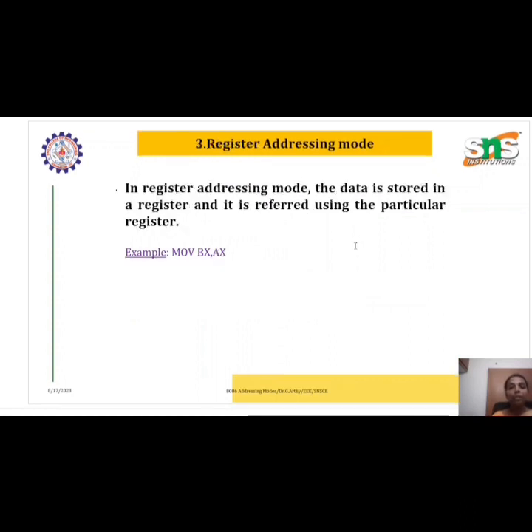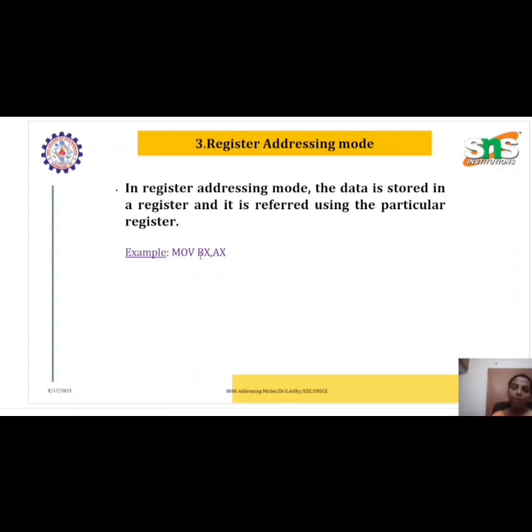Next is register addressing mode. In register addressing mode, the register is directly mentioned in the instruction. See AX and BX. In 8086, 4 general purpose registers are there: AX, BX, CX and DX. All these 4 are 16-bit registers.